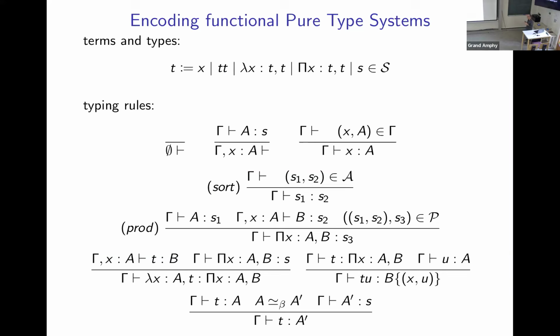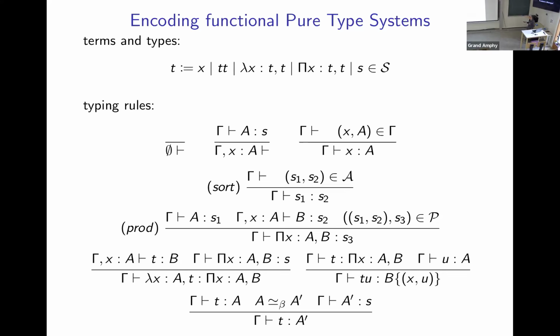And so, by using the techniques I've presented before, it's possible to generalize this to the functional pure type systems. So you remember the definition of pure type systems. This is the grammar of terms and types.